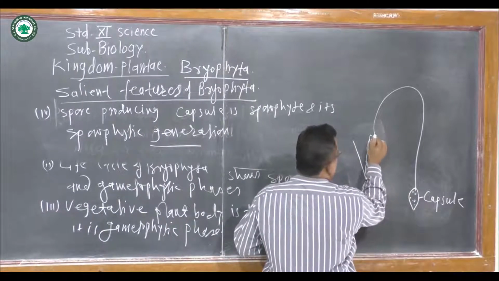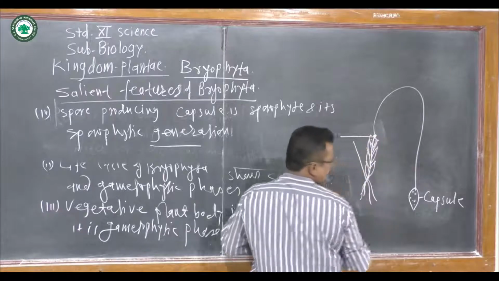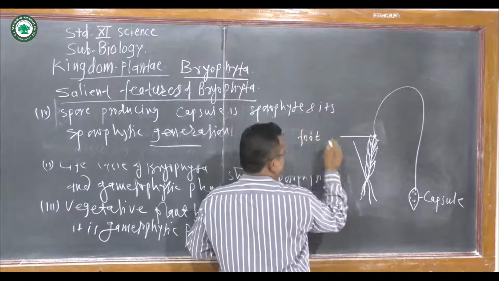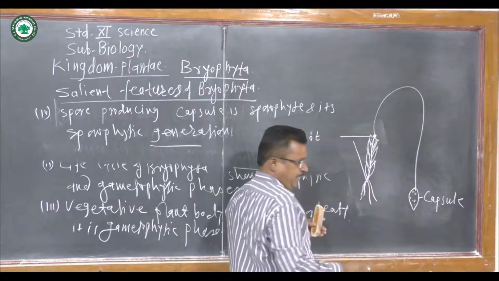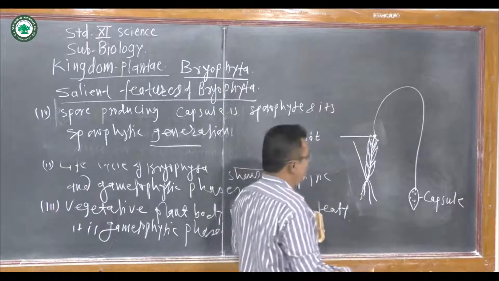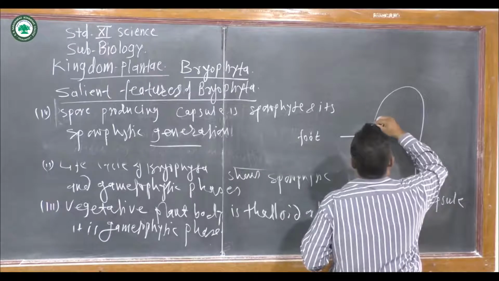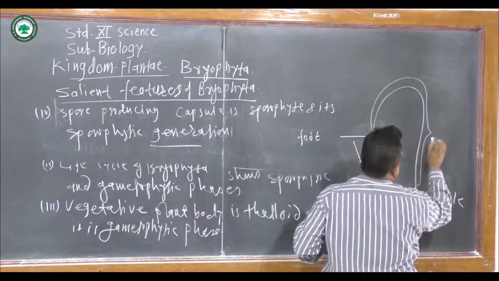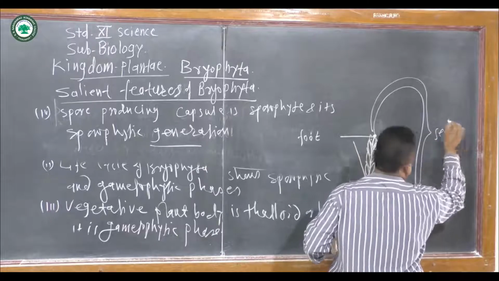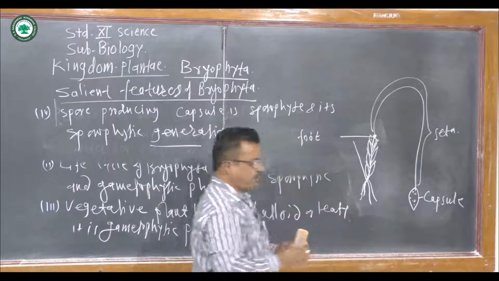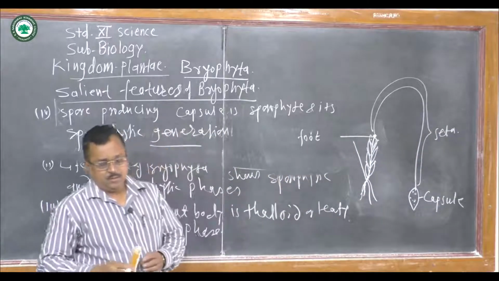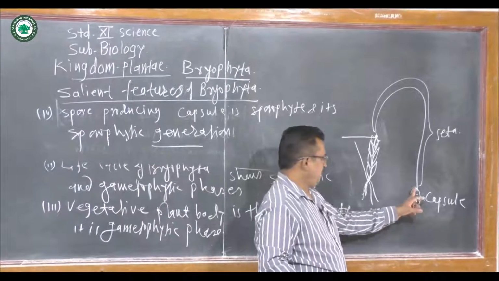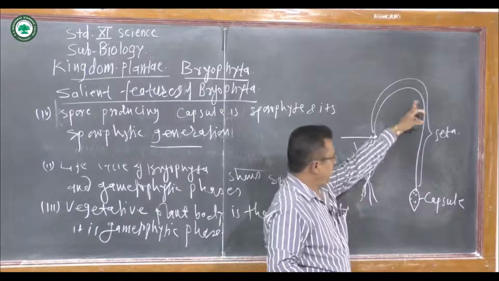Here this is the foot, where the capsule and gametophyte join, and another region is the seta. The capsule produces the spores.